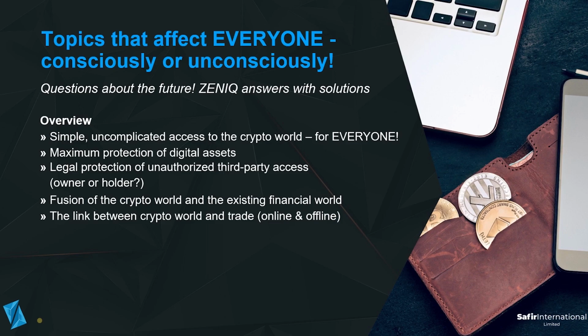So you can, for example, go online shopping and pay with your credit card that is combined with the Zeniq Hub. You can go offline shopping, doing your daily shopping, paying rent for your car, for your home, whatever.